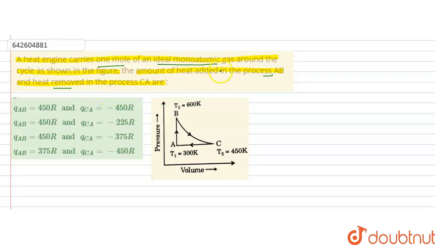So first of all, the amount of heat that would be added in the process AB. Process AB is at constant volume because the volume is constant from A to B. So we can write the process A to B is isochoric as it is at constant volume.